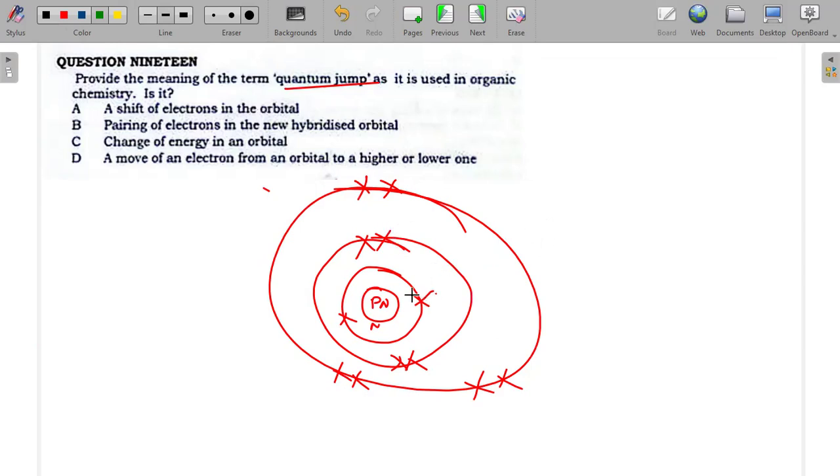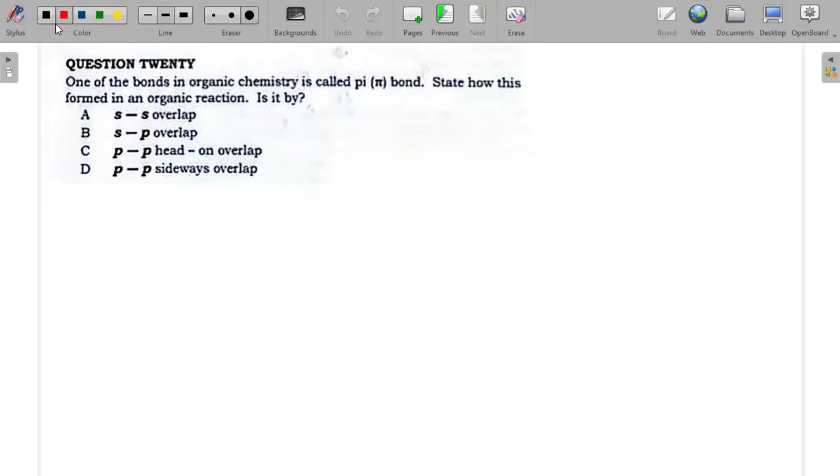The quantum jump is when, for example, this electron here in the lower energy level jumps and goes to a higher energy level like that. Or an electron in the higher energy level reduces in energy and comes there. That's what we call the quantum jump. So it's the movement from one atomic orbital to a higher or a lower one. So here we're just going to select a movement of an electron from an orbital to a higher or lower one.